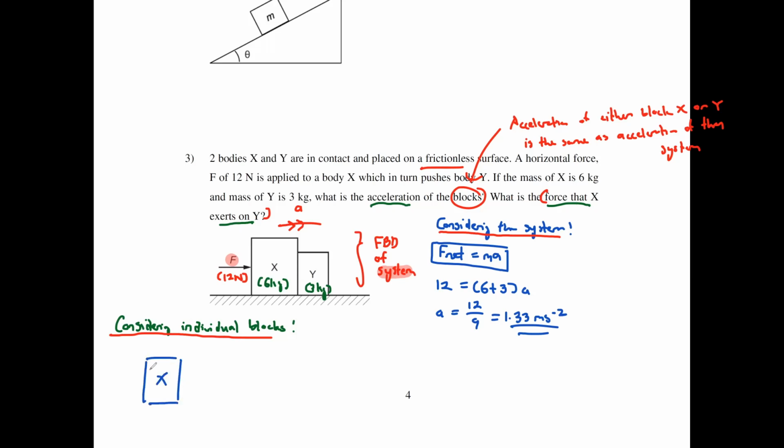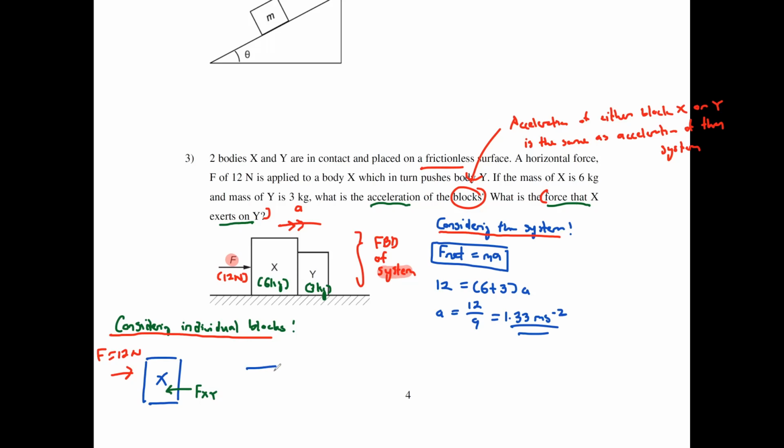There's a force of 12 Newton acting on it, and there's also another force acting in the opposite direction, which is this one. This is force Fxy.